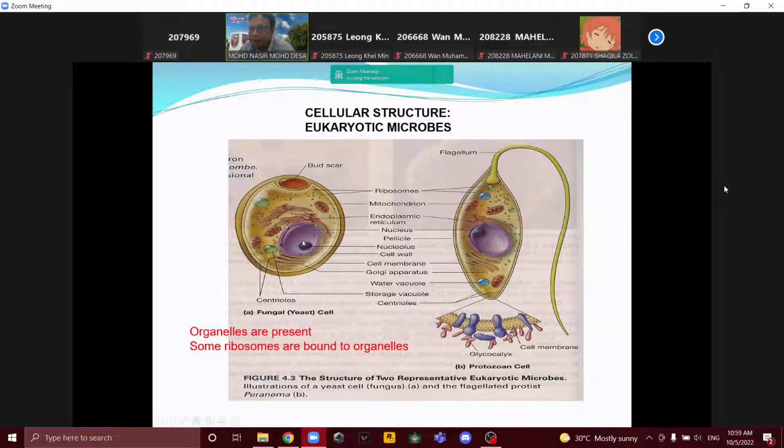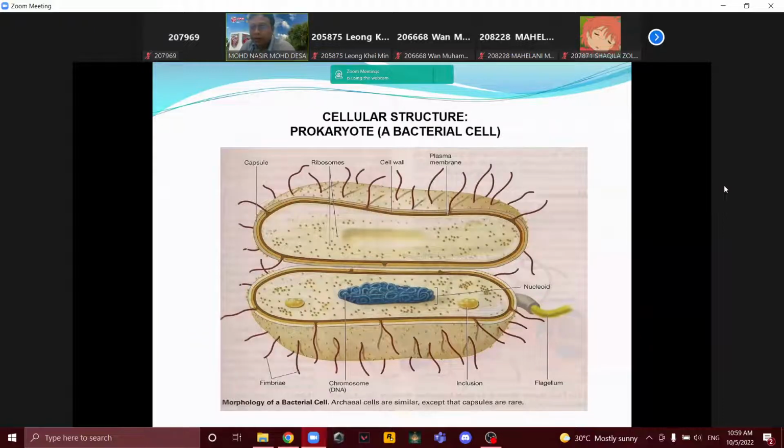There's another cellular structure we call the nucleus, which contains the chromosomes, which is the DNA. While in the prokaryotic cell, DNA is there, but it's floating. There is no specific organelle to encapsulate the DNA. It's simply DNA floating in the cytoplasm, in suspension.